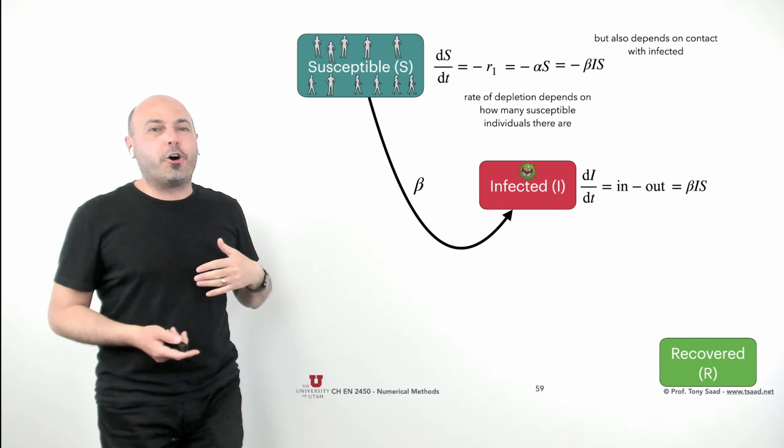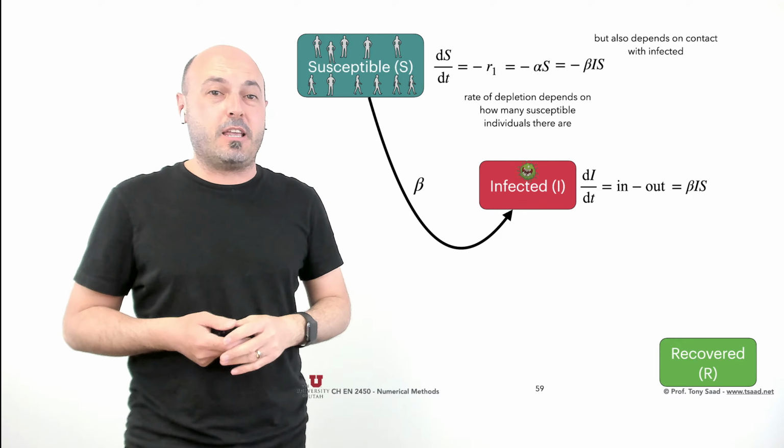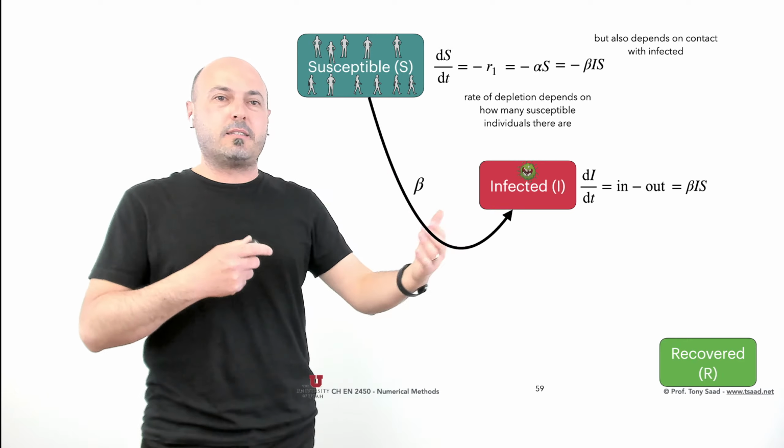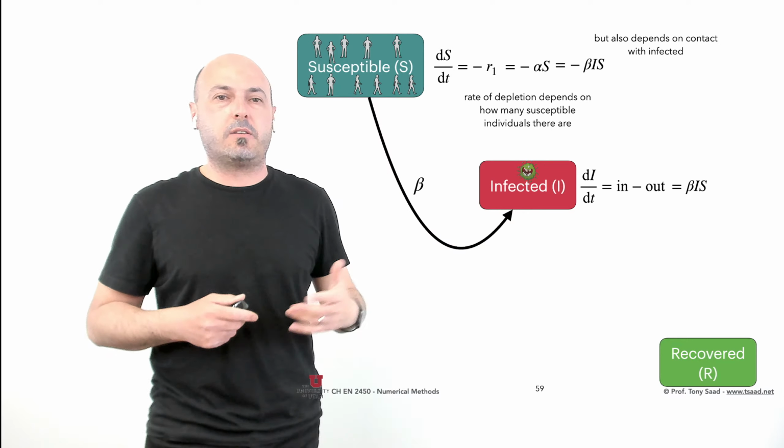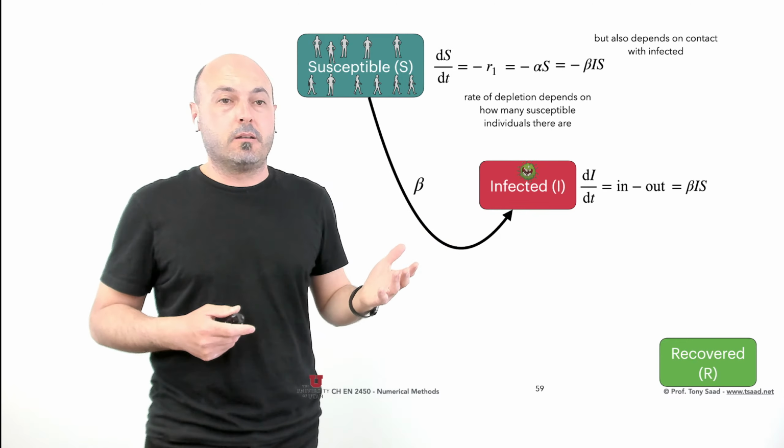Now, how many are leaving from the infected? Are there any people leaving the infected? Absolutely, because you get sick, 10 days, 14 days, 30 days, 5 days, you're going to recover, okay? So we do have a rate of people leaving the infected category, and that is going to be the minus out over here.